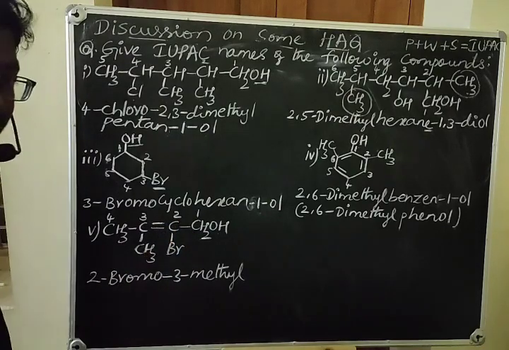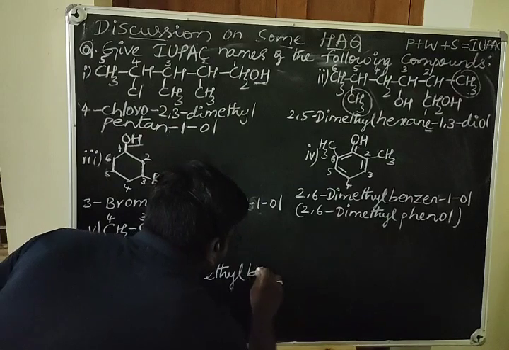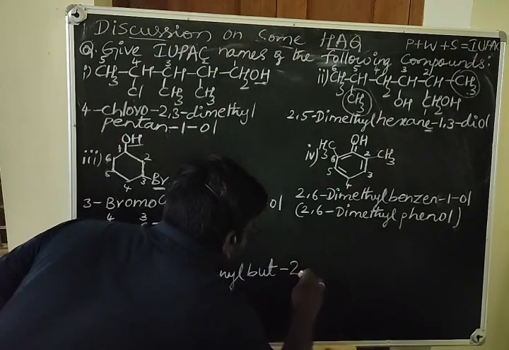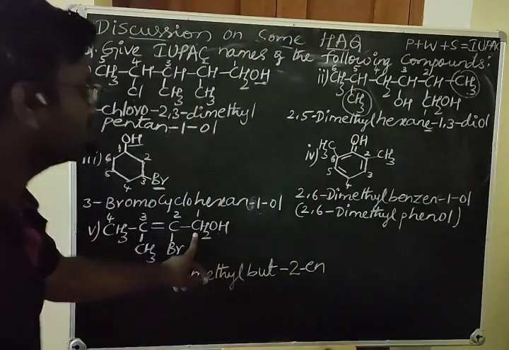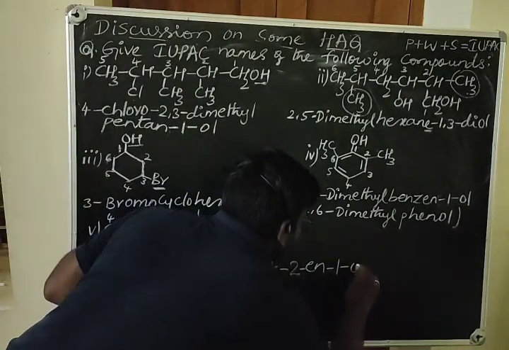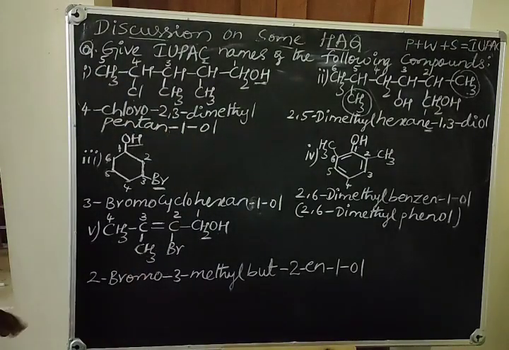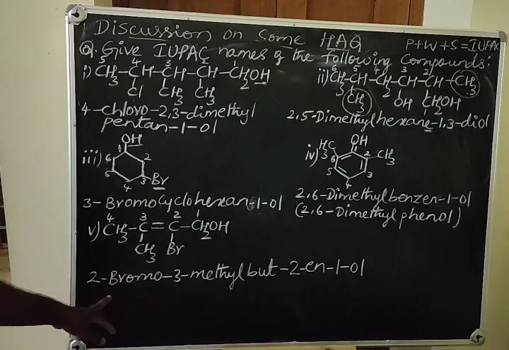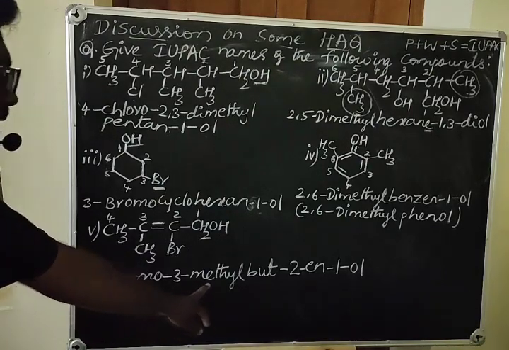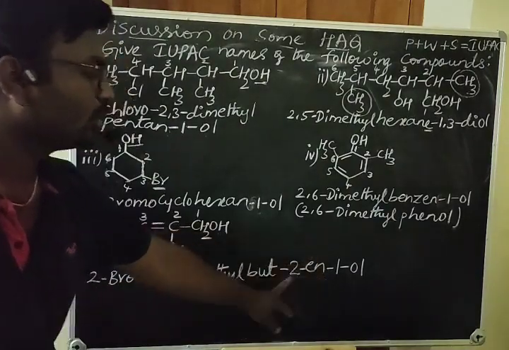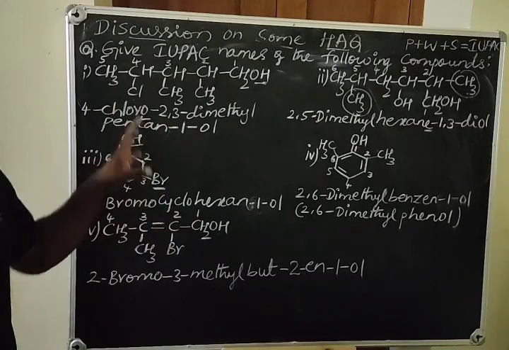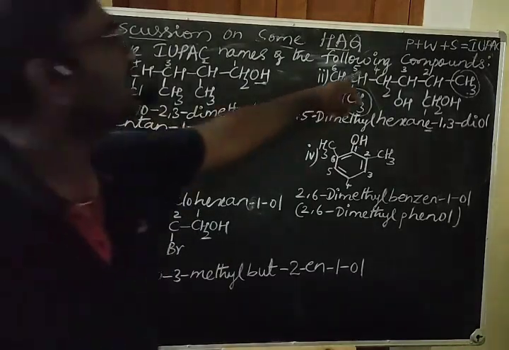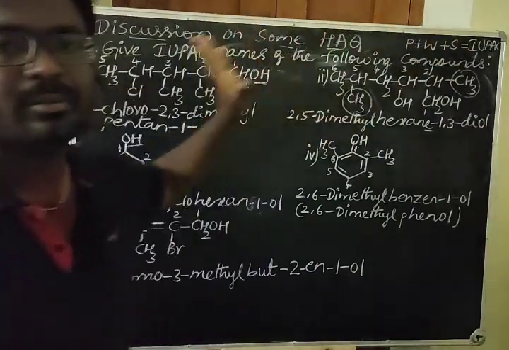Therefore but-2-ene, where the OL is present on the first carbon, so it is 1-ol. So now this is the correct IUPAC name of the compound. So what is the IUPAC name of this compound? 2-bromo-3-methylbut-2-en-1-ol. So in this way you have to give the IUPAC names for the compounds. Use this sequence, then it will be easy.